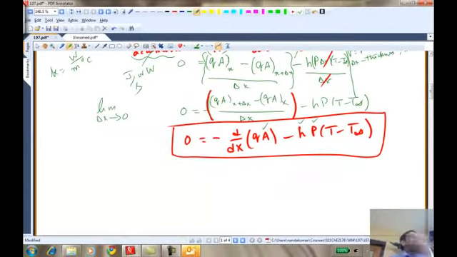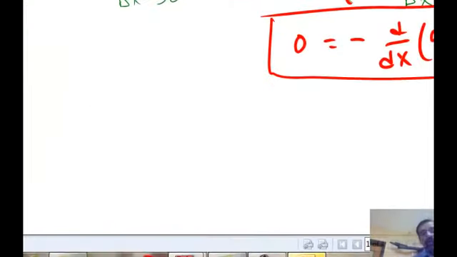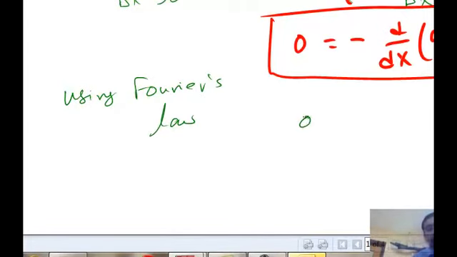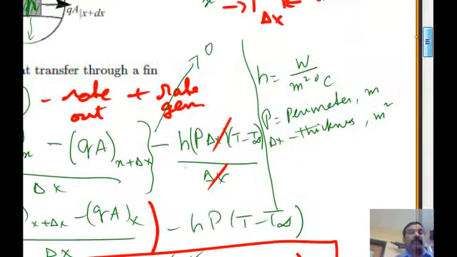Q is at this stage an unknown, but it is expressed in terms of temperature gradient from Fourier's law of conduction. So we can use that, using Fourier's law. We can write this equation as 0 equals. Now remember, q is given by minus k times dT/dx. Why did we put minus there?